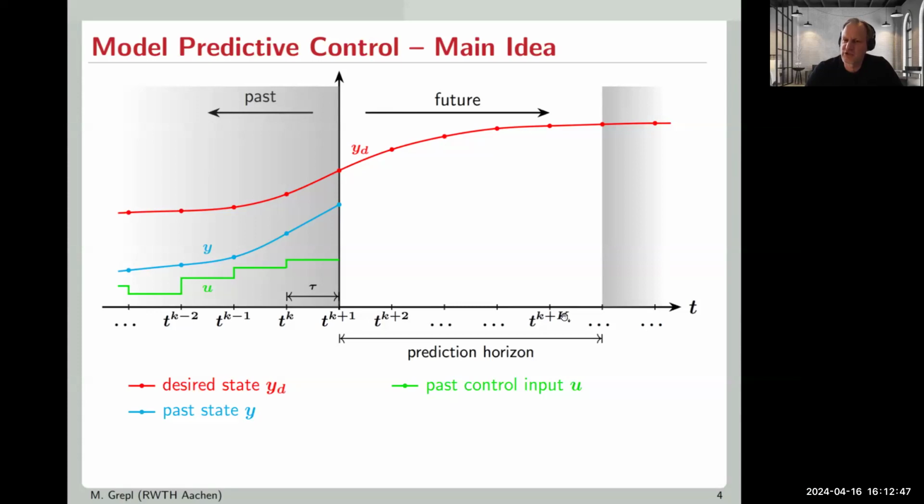But of course, the larger K, we know if K goes to infinity, that the MPC will also stabilize the original system, because for K to infinity, we obtain the infinite horizon problem. But we would like, on the other hand, K to be as small as possible. So the question is, how long does this prediction horizon have to be such that the MPC framework is stable?